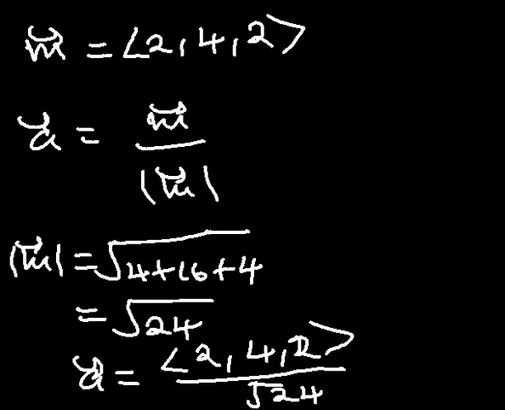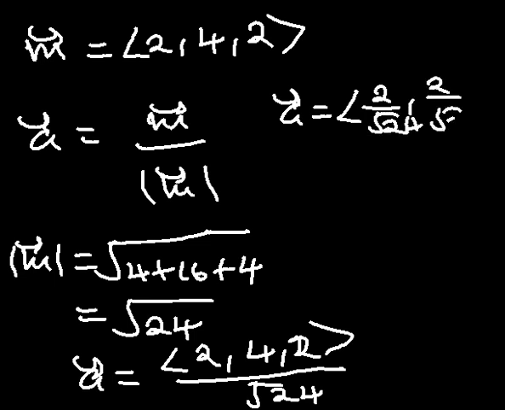This is the same as (2 over square root of 24, 2 over square root of 24, 2 over square root of 24).